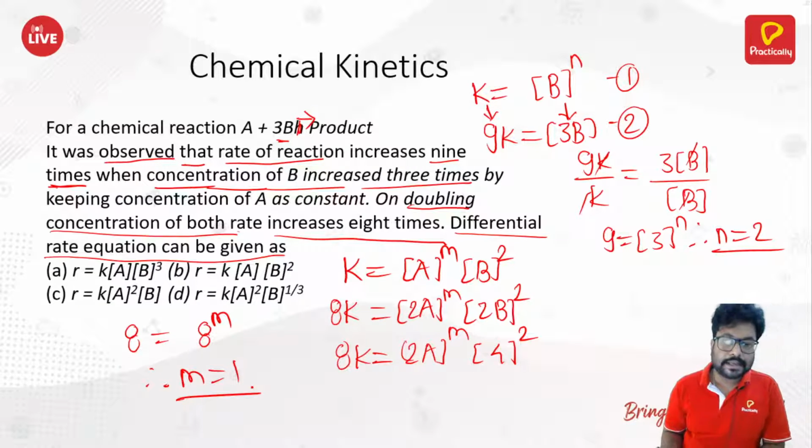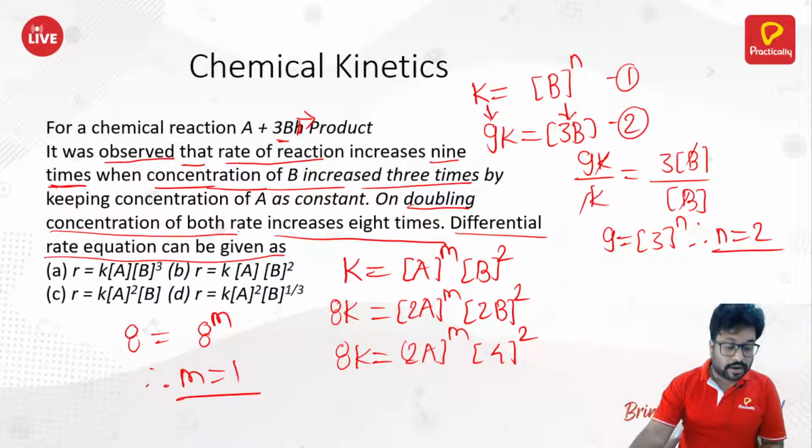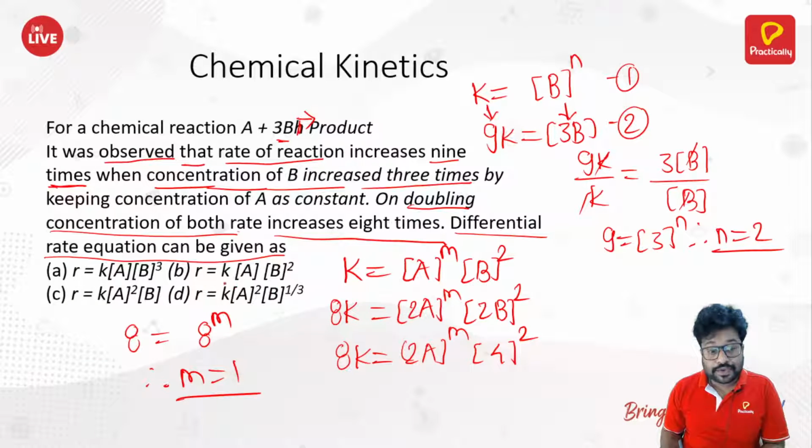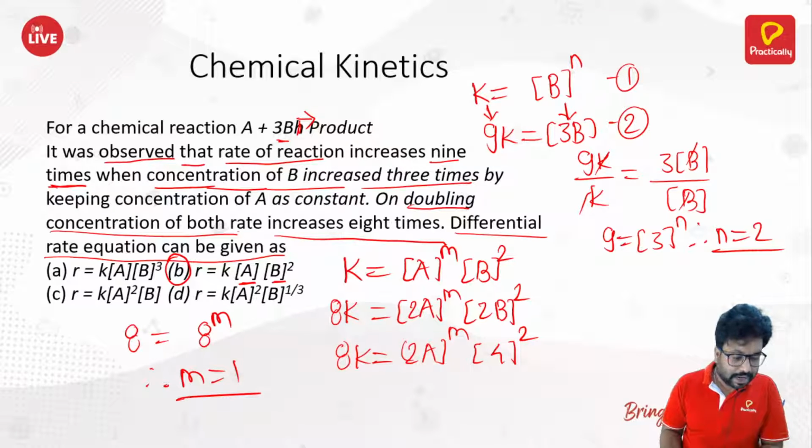So that means this reaction is first order with respect to A. It is second order with respect to B. And therefore, the correct option here has to be B. That is the way by which you can solve these order based questions.